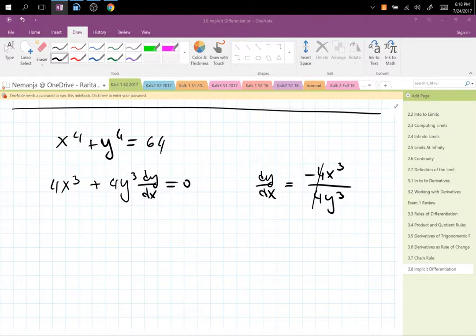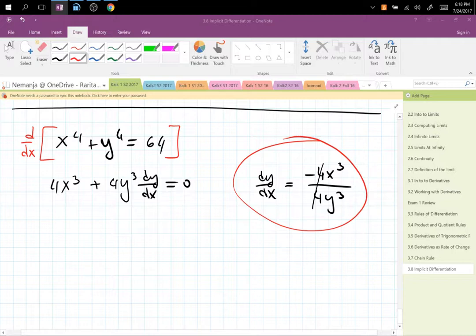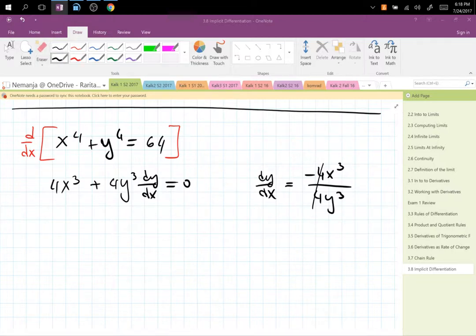So now, the derivative of 64 is a constant. We're taking the first derivative here with respect to x. So now, you can take the derivative of this, which we could rewrite as a product rule anyway.